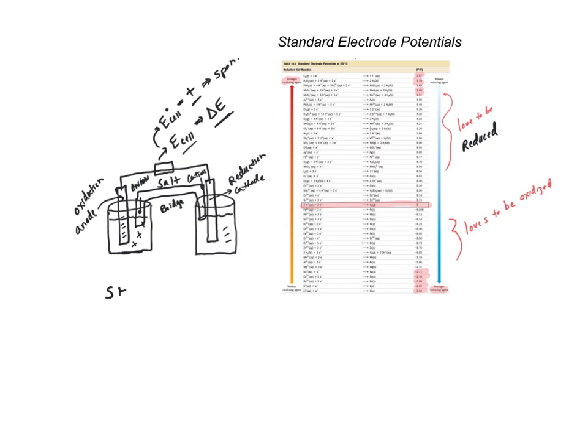And it was essentially just the reduction of protons to hydrogen gas, right? So we said this reaction is going to have 0 volts, and we are going to measure everything relative to it, okay?